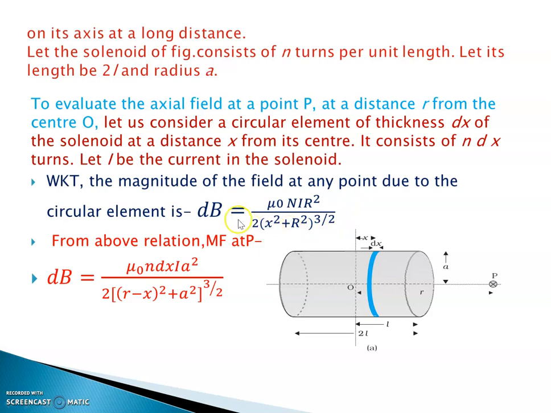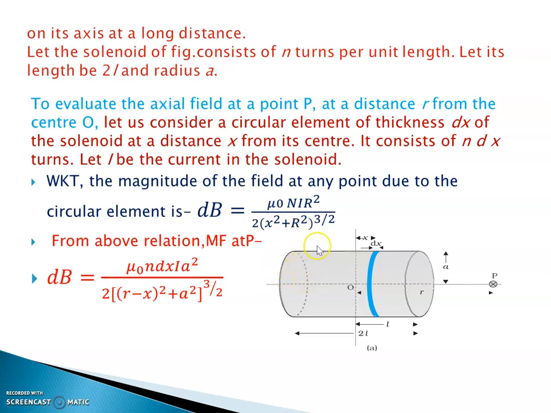The magnetic field at any point on the axis of a current carrying coil can be given as mu naught N I r square over 2 times (x square plus r square) whole to the power 3 by 2. This formula will be used here. We have to substitute some quantities here.